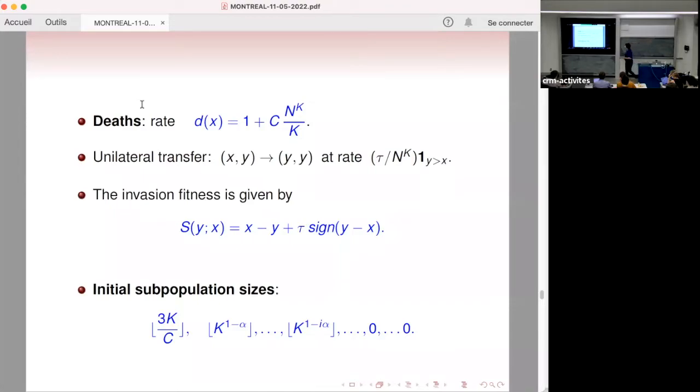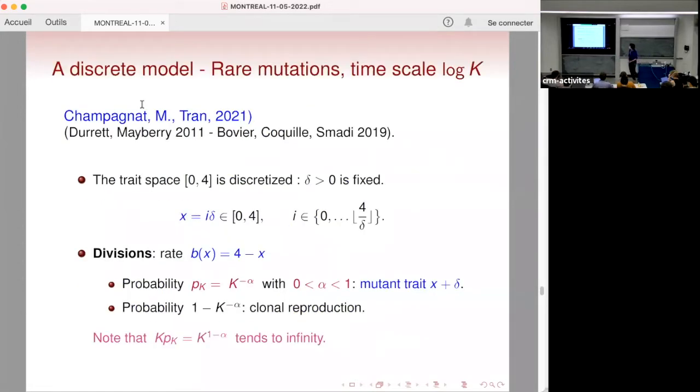As I said, 0 is the optimal trait, and at the initial condition we have individuals at 0, at equilibrium. So we have 3K over c, that is the value for 0 at the equilibrium of the population size. Remember that mutants arrive very fast because K to the 1 minus alpha tends to infinity.